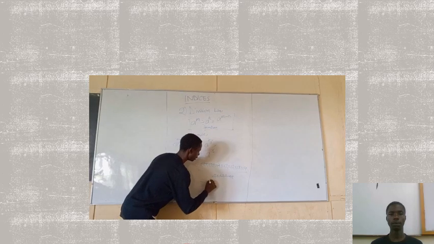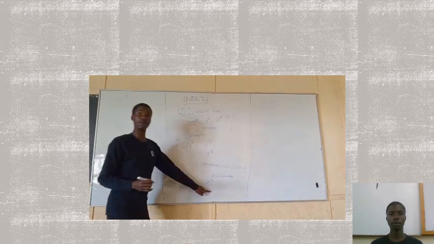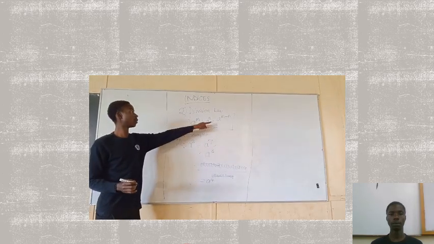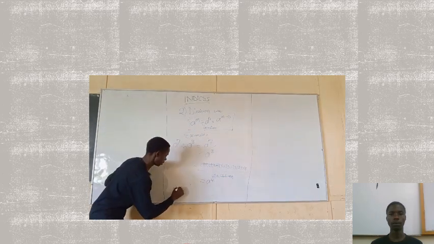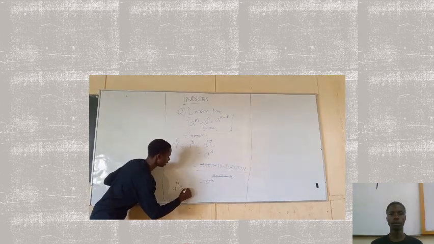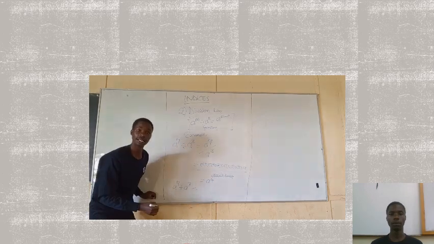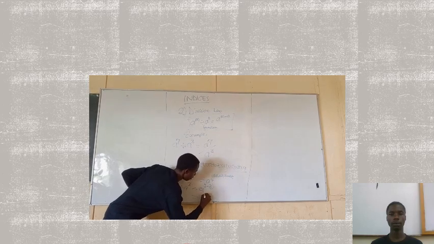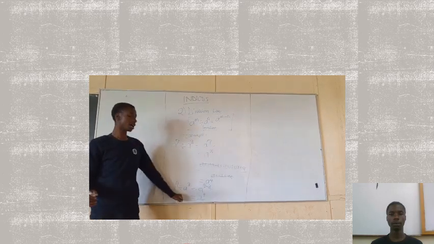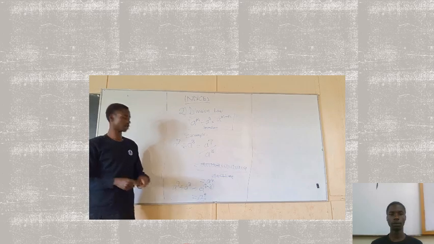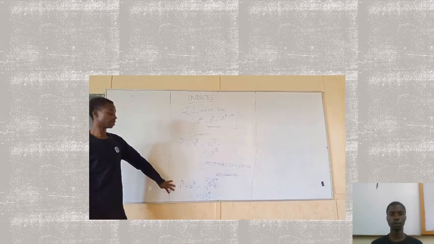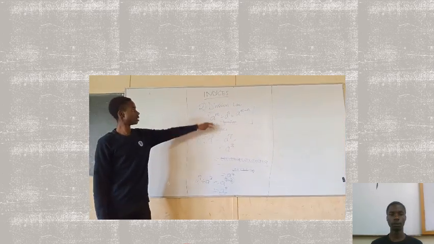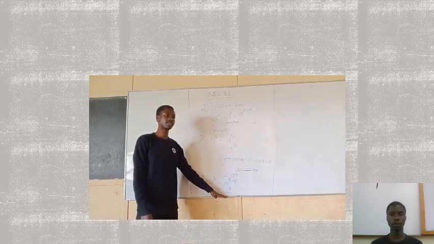Our answer is a power 4, which simply proves that a power 7 divided by a power 3 can be written as a power 7 minus 3, which is a power 4. This is the answer we are going to get after dividing. You see, using this formula, we get this answer.